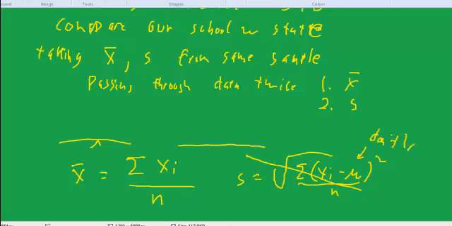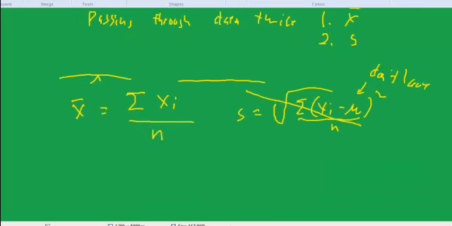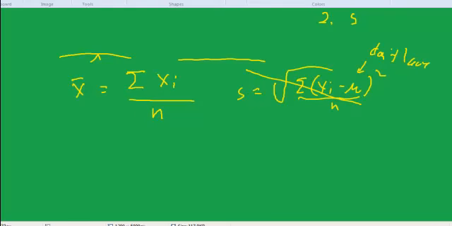So we don't have it. We use instead this sample x bar, and when we do that, the formula for the sample standard deviation will be the square root of the sum of the xi minus x bar squared over n minus 1, because we've used up, in some sense, one unit of data to compute x bar.